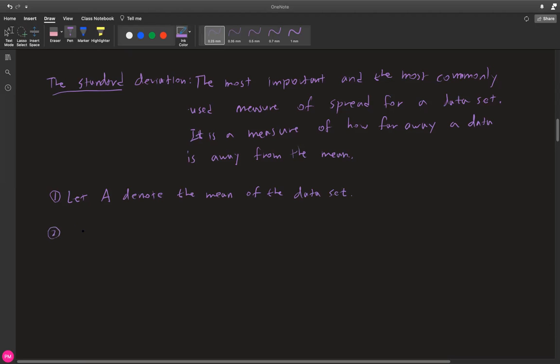The second step: for each number, where x is just a number in the data, compute its deviation from the mean.